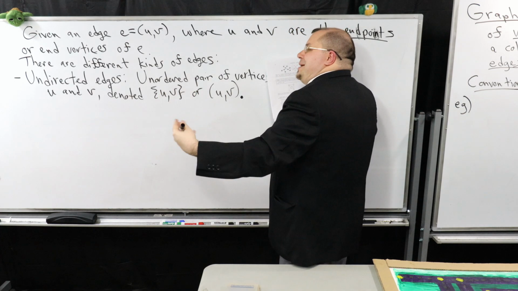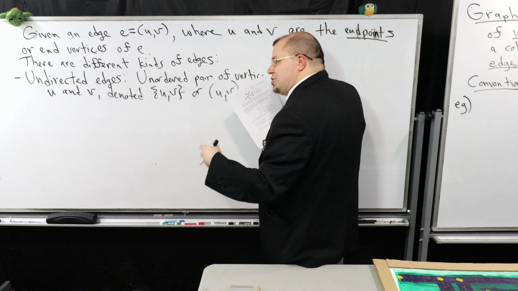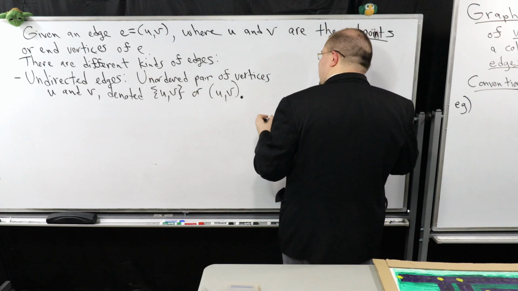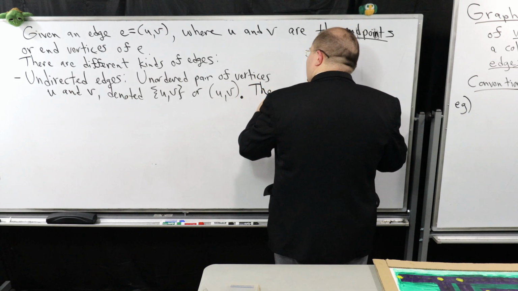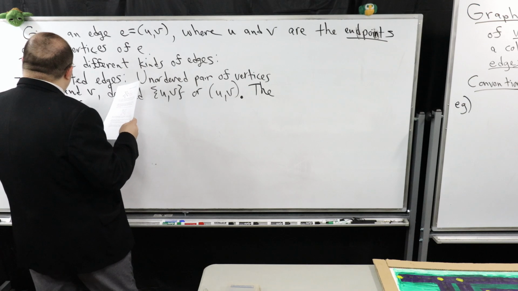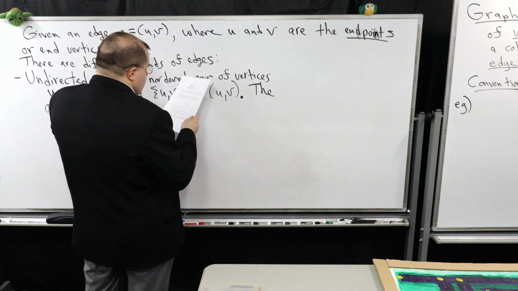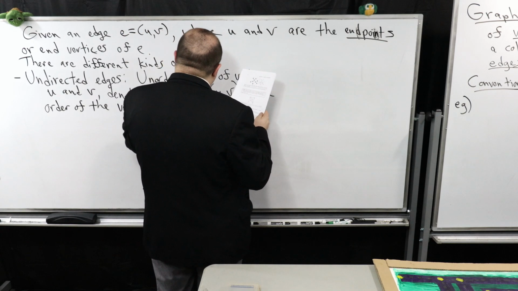As long as you make it clear you're talking about undirected edges, it should be clear regardless of which notation you use. That's my point of being clear with you. So the big thing here is that the order of the vertices does not matter.